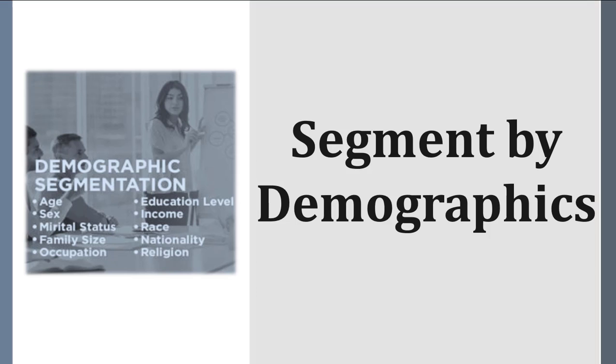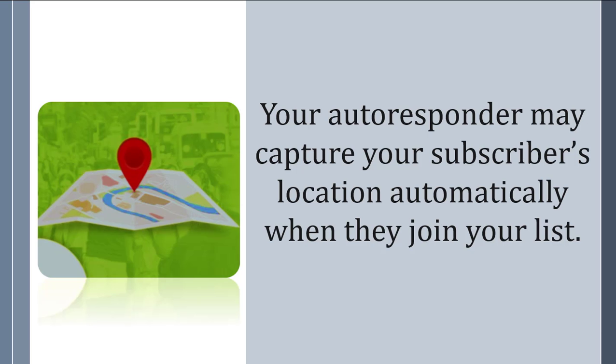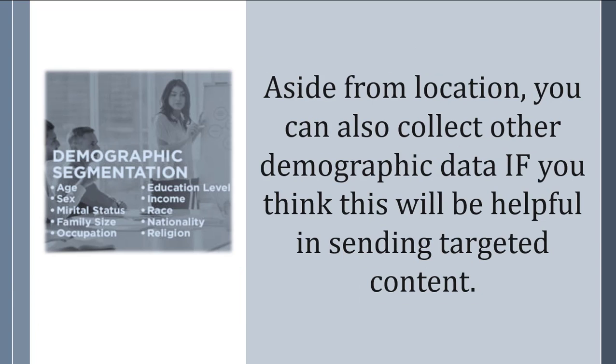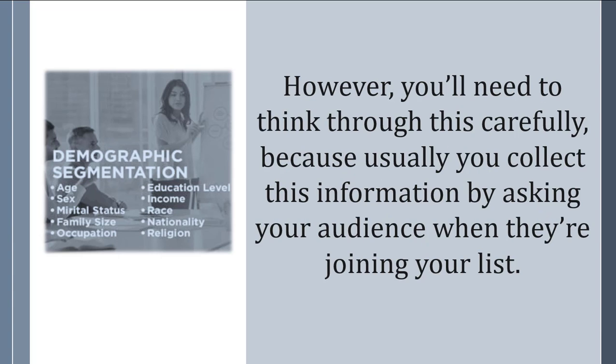Segment by demographics. Your autoresponder may capture your subscribers' location automatically when they join your list. This is helpful because it allows you to send out emails to specific locations around the world when you know your audience is likely to be awake. Aside from location, you can also collect other demographic data if you think this will be helpful in sending targeted content.